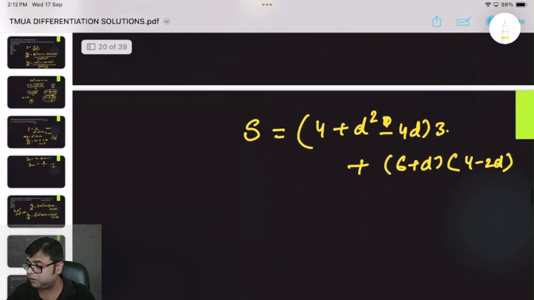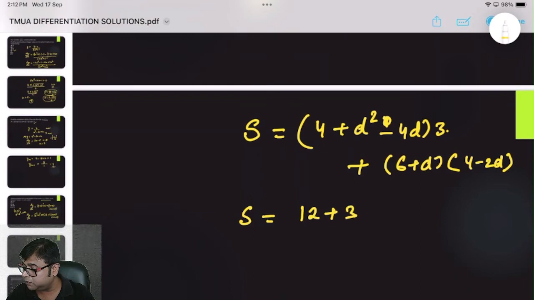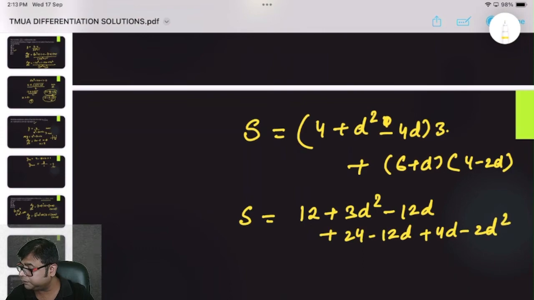Let me work on it a bit. It will give me 12 plus 3d square minus 12d plus 24 minus 12d plus 4d minus 2d square. Which eventually will give me d square minus 20d, and plus 12 plus 24 will give me plus 36.